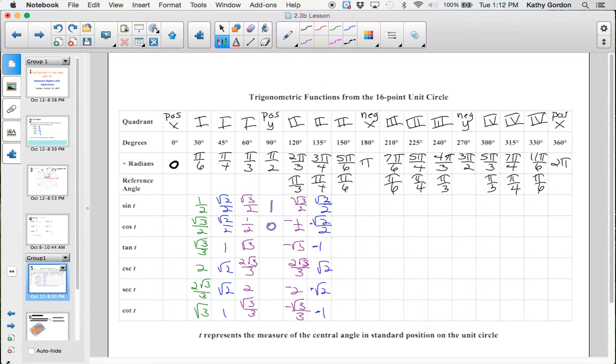So what's y over x going to be? Undefined, right? Because if x is 0 and x is in the denominator, I can't do that. I can't have a 0 in the denominator. So tangent gets a little funky sometimes when we're on the axes. Because it's on the axes where one of our coordinates could be 0. And so if that 0 ends up in the denominator, we get undefined answers.